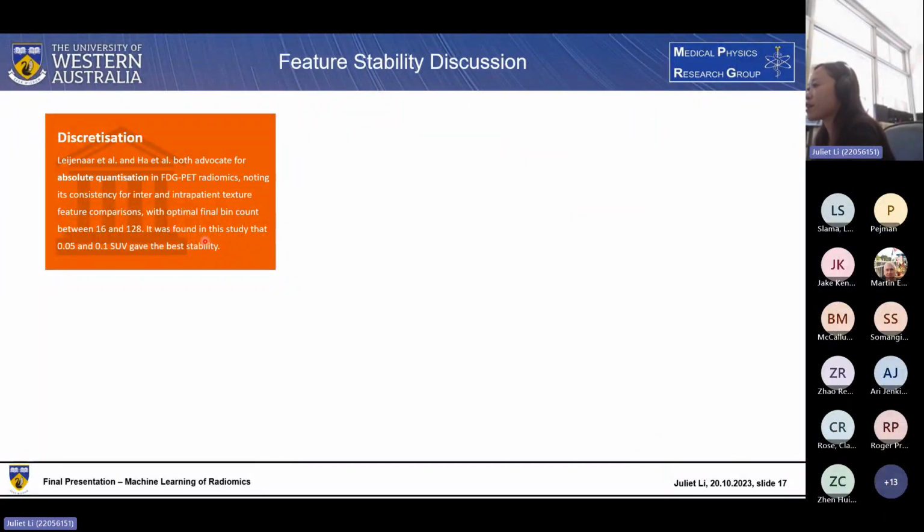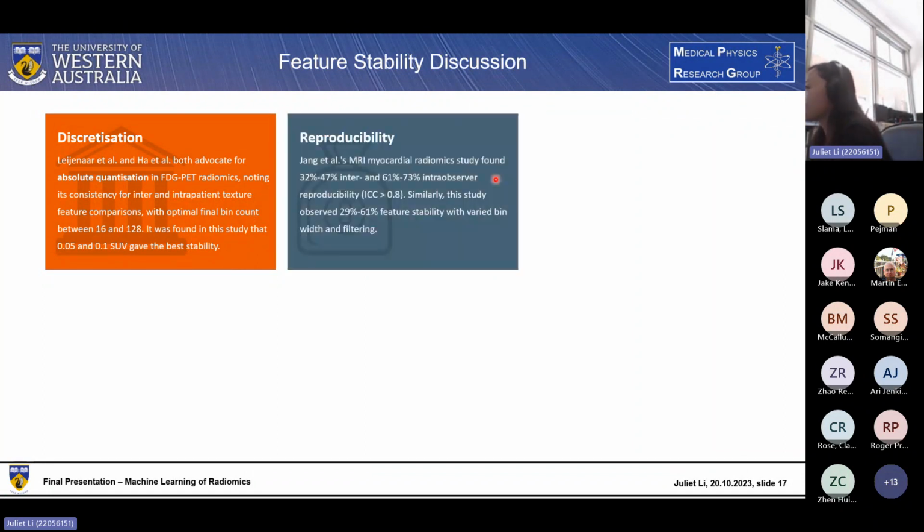Ha found that the final bin count between 16 and 128 is optimal for PET grayscale discretization, and this study found that 0.5 and 0.1 SUV gave the best stability, which corresponds to the final bin count of 16 and 128.